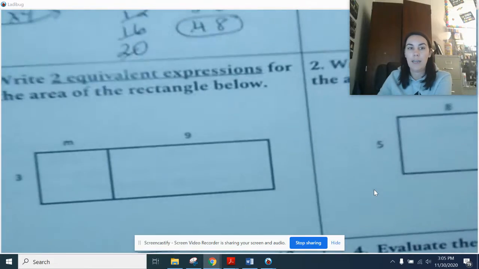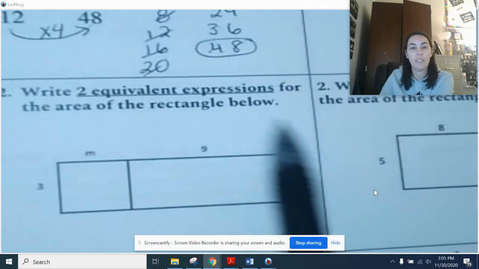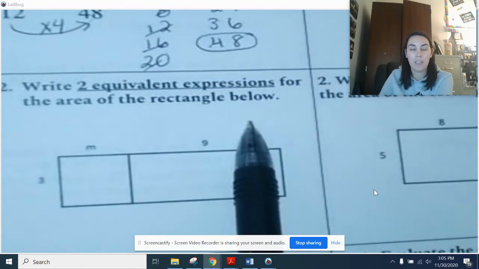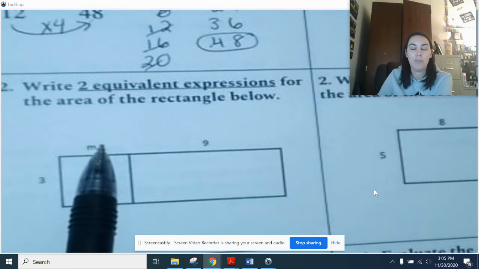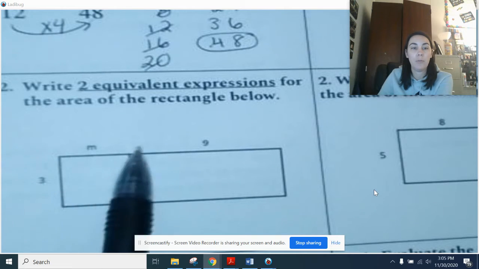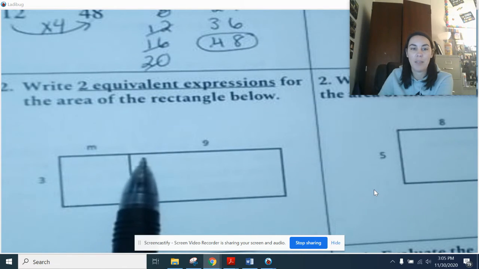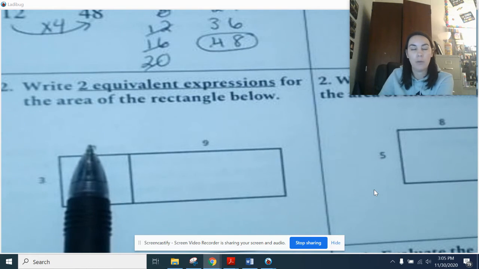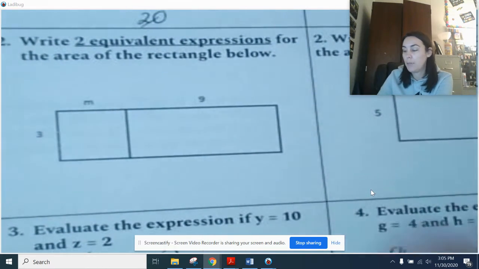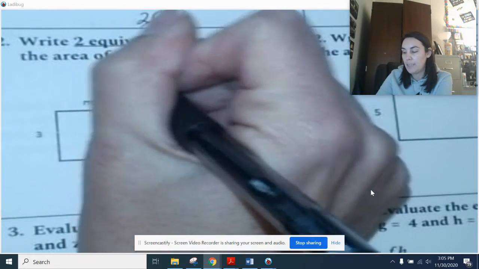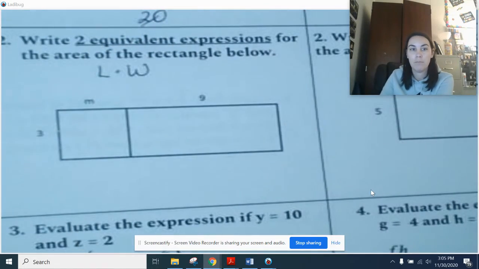Okay? Next, you are writing 2 equivalent expressions for the area of the rectangle below. So this one we have 3m over here and 9. Remember, we don't know what m is. You can't assume that this is a square and say m is 3. You don't know that. M is an unknown variable there. So the first thing we need to remember is the area of a rectangle is length times width.